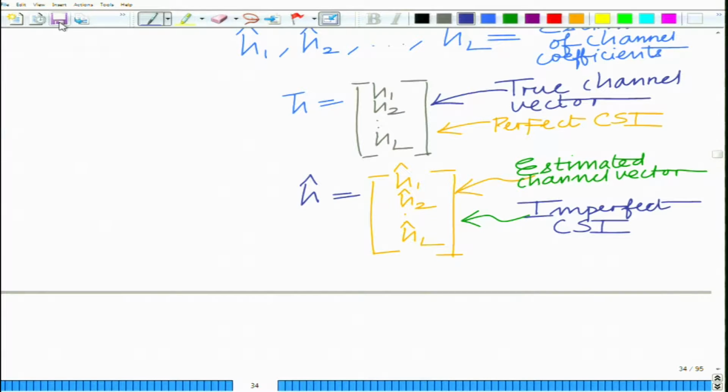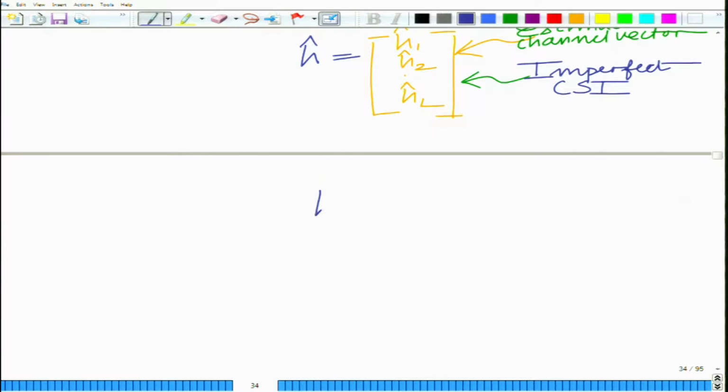Now, we know that this imperfect CSI is close to the actual CSI, that is, h hat is approximately equal to h bar, but h hat is not exactly equal to h bar. This is an important consideration in practice, because in practice perfect channel state information is very difficult to obtain.